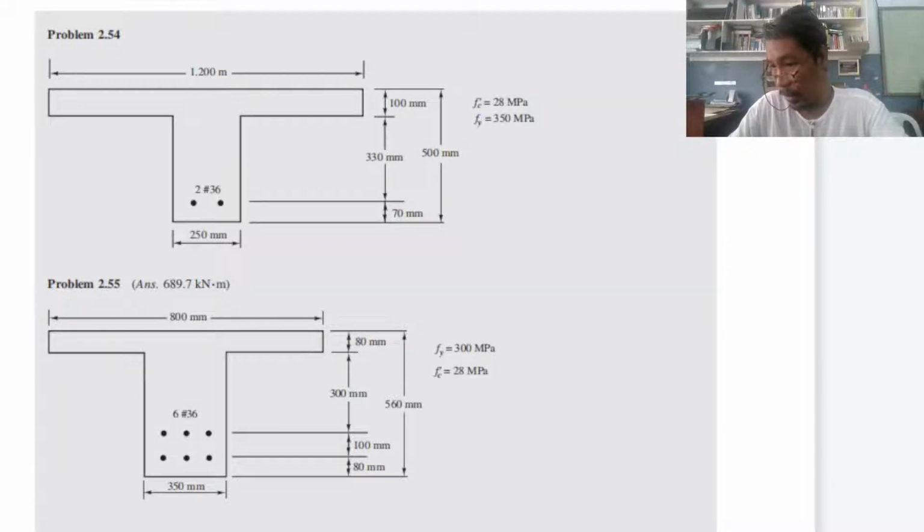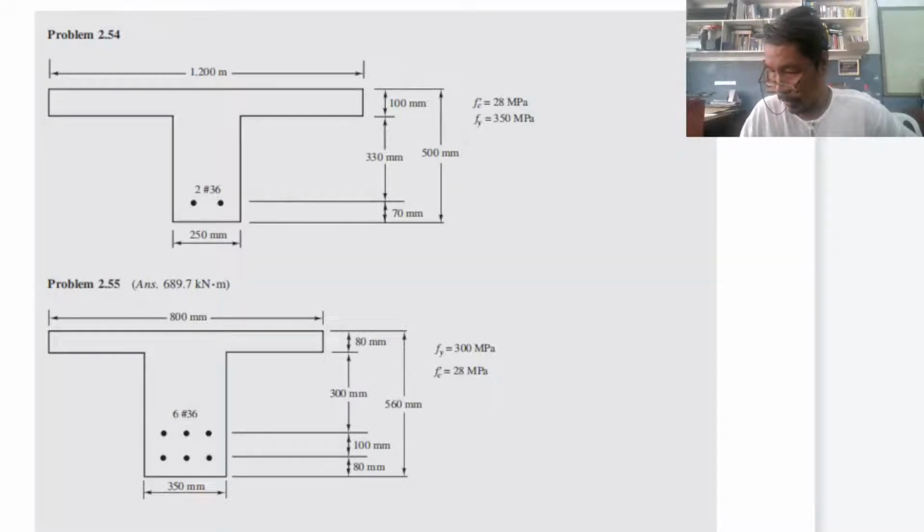So C is therefore 0.85 f'c a b, which is equal to 0.85 times 28 times a times 250. If you multiply, that is 5,950 times A. What about the next one?